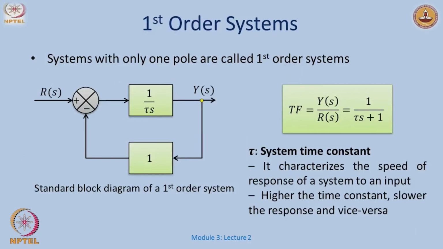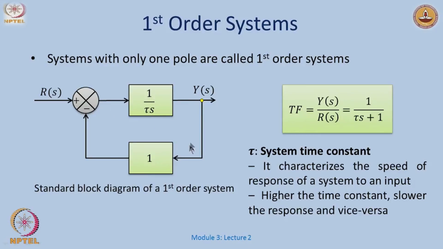The simplest of all systems are systems with only one pole, and they are called first order systems. There could be some simpler systems where I just go from here to here, they are just a number 1 and I am not worried about anything, so those are not of interest. There is some dynamics here in terms of tau times s.